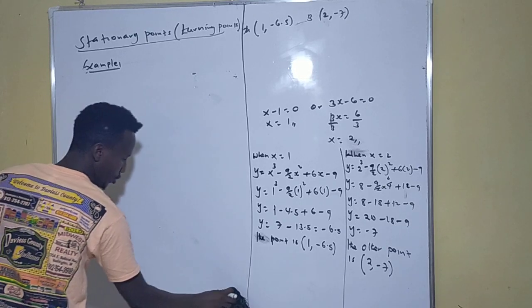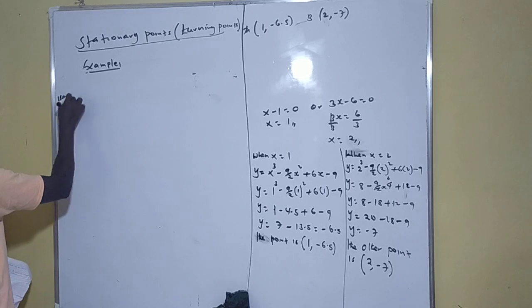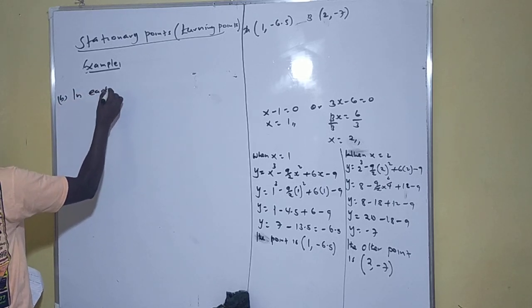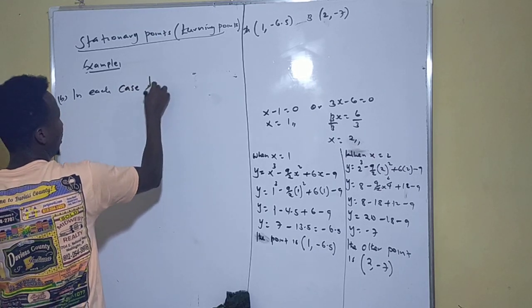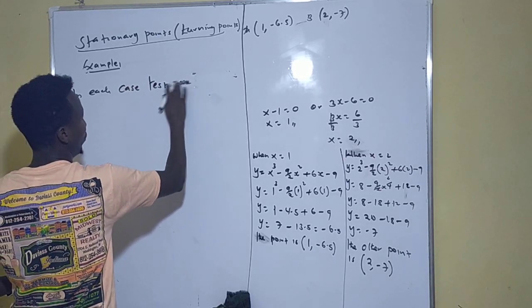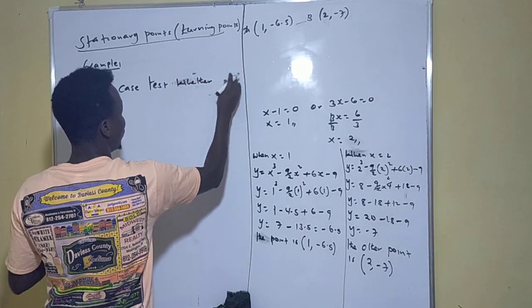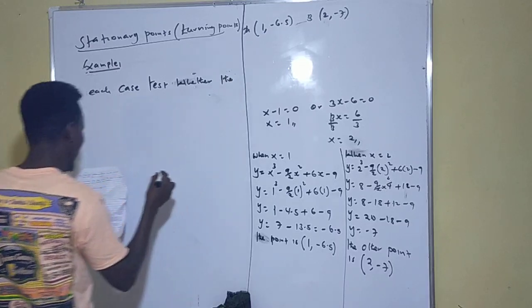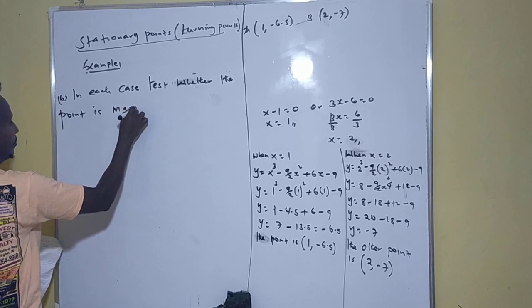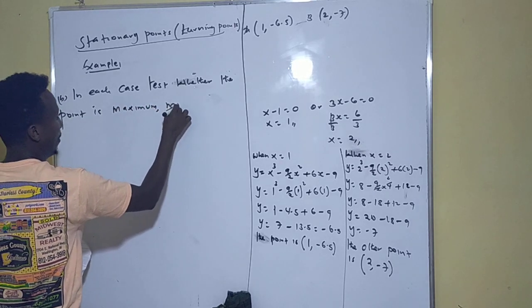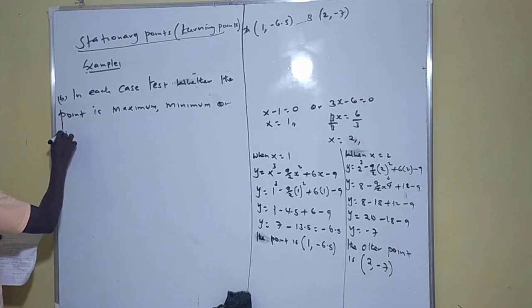So the second question, question B, says: in each case, test whether the point is a maximum, minimum, or a point of inflection.